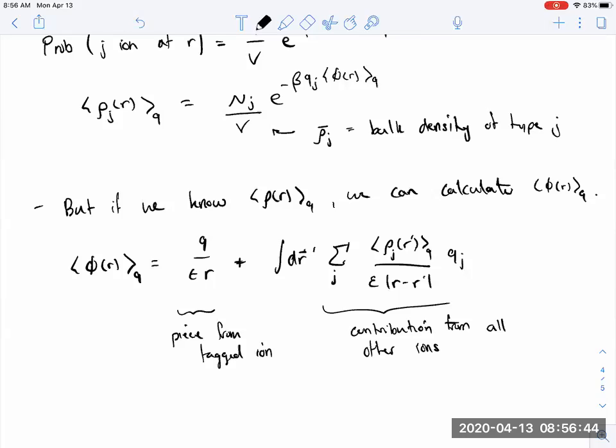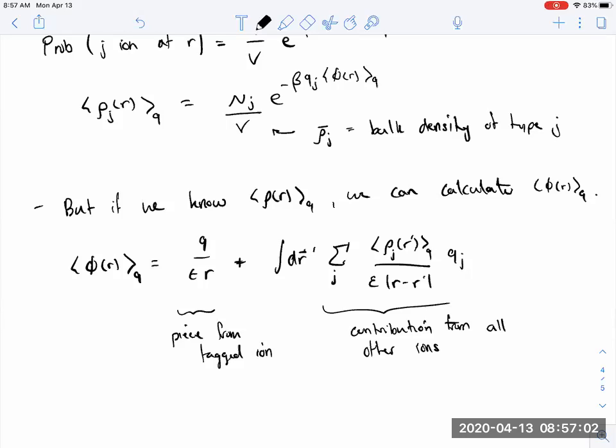That rho of J then just tells you the number of those ions at that point, or a proportionality constant to the probability that those ions are at that specific point.